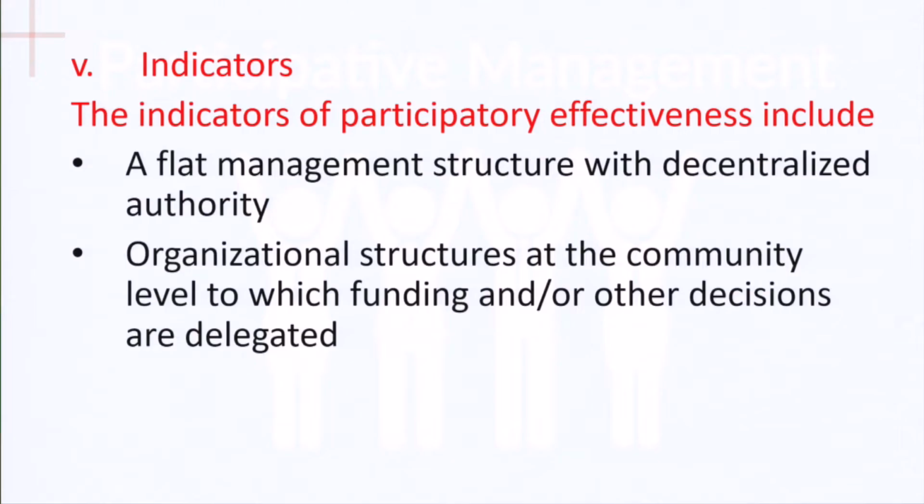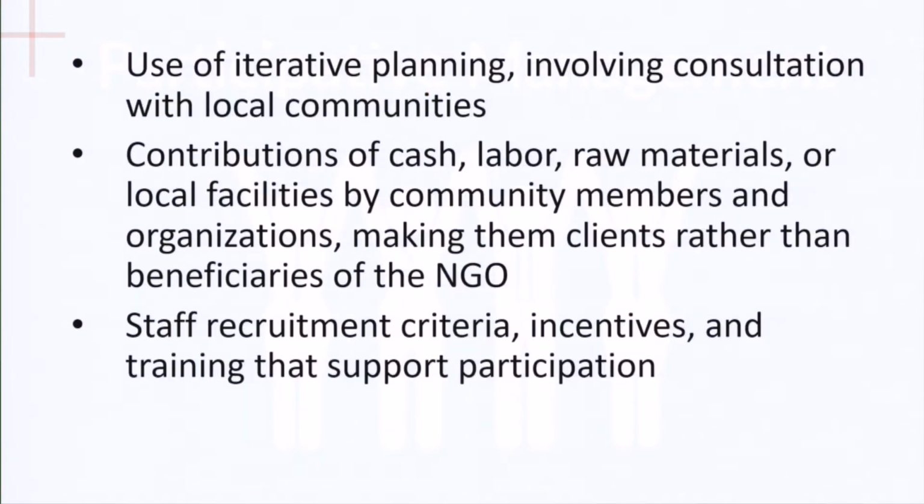Now, let us see the indicators for participatory effectiveness. A flat management structure is necessary if we want a participatory style in NGOs, because usually it is decentralized authority that functions. Organizational structures at the community level at which the funding and or decisions are delegated. Use of iterative planning process involving consultation with the local communities as and when needed.